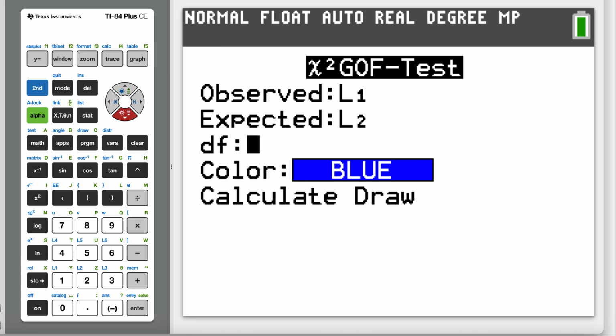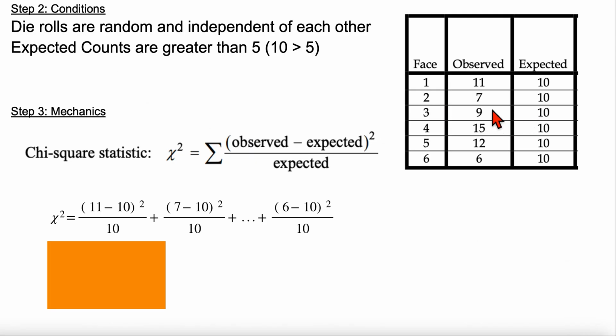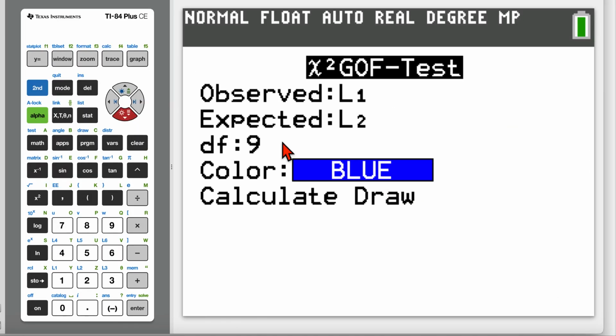The 6 cells are these 6 observed values: 1, 2, 3, 4, 5, and 6. These are the 6 cells of data in our original table. So our degrees of freedom is the number of cells minus 1, so 6 minus 1 is 5.